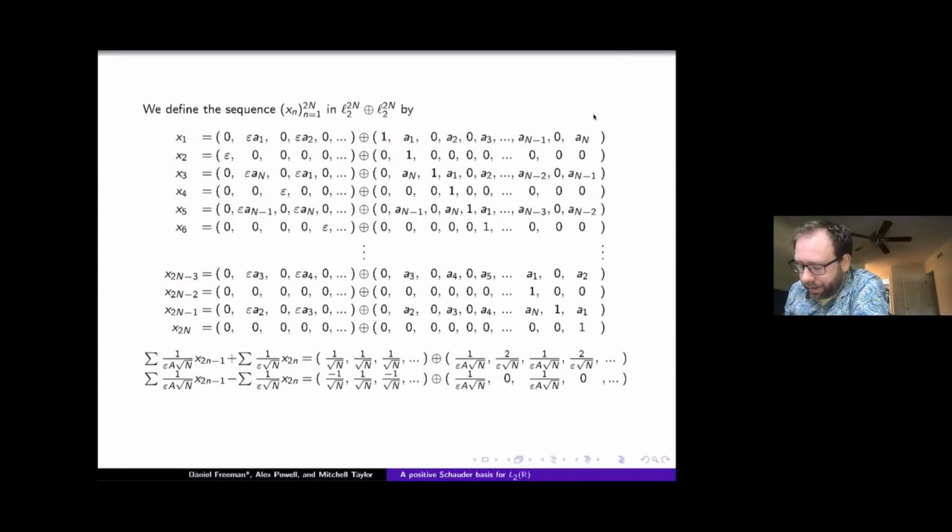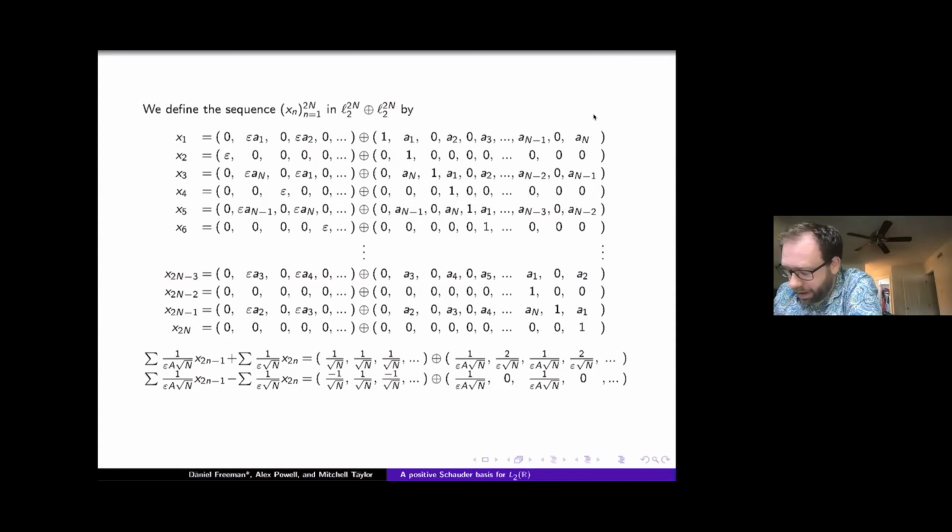So x3 is just the shift of x1 by 2 to the right. And likewise, x4 is going to be the shift of x2 by 2 to the right. And so what we have is this nice kind of cyclical matrix.